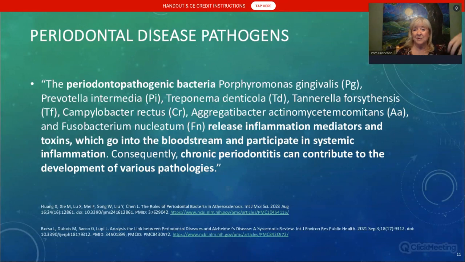These become part of the bloodstream and actually are involved in the systemic inflammation. So these things are seen much more frequently, of course, when chronic periodontitis exists, because they are constantly having issues with this type of pathogenic outcome.